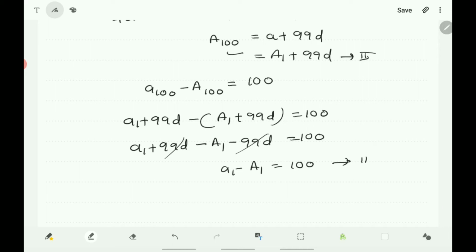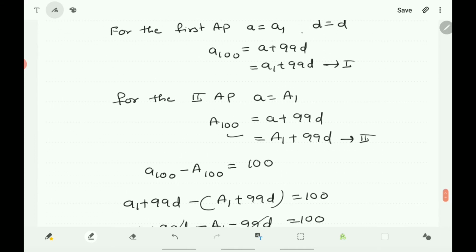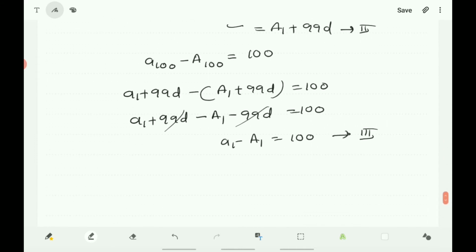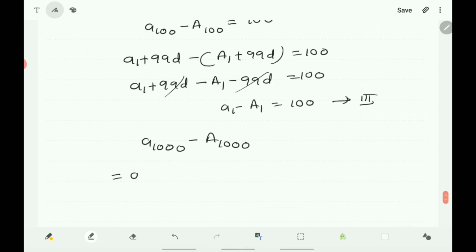Now consider this is the third. Now the difference between the 1000th terms, that is A1000 minus A1000. A1000 means A plus 999D. Here A we have taken A1, so it becomes A1 plus 999D, minus the other A1000, a1 plus 999D.